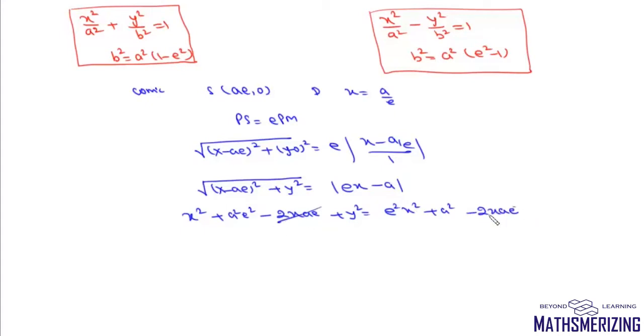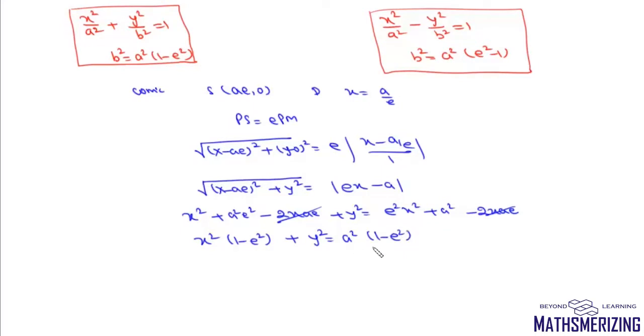Now 2xae will cancel. Now we can write this as x square into (1 minus e square) plus y square equals a square into (1 minus e square).